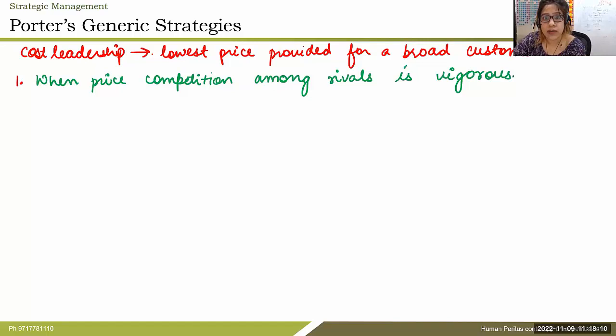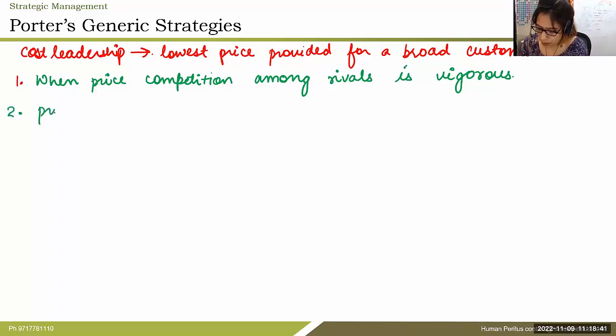Now for 85 rupees, imagine how many customers would be willing to go. They would be willing to stand in queues to take my product, because you understand it is for a broad customer base, which means that it is a very generic, very general, commonly used product, right? So when price competition among rivals is vigorous, very intensified, then we use the cost leadership.